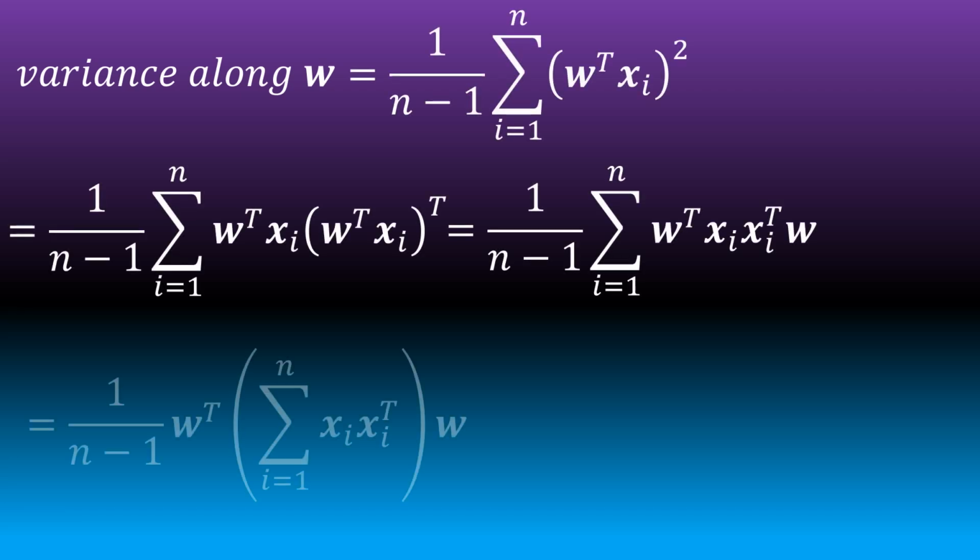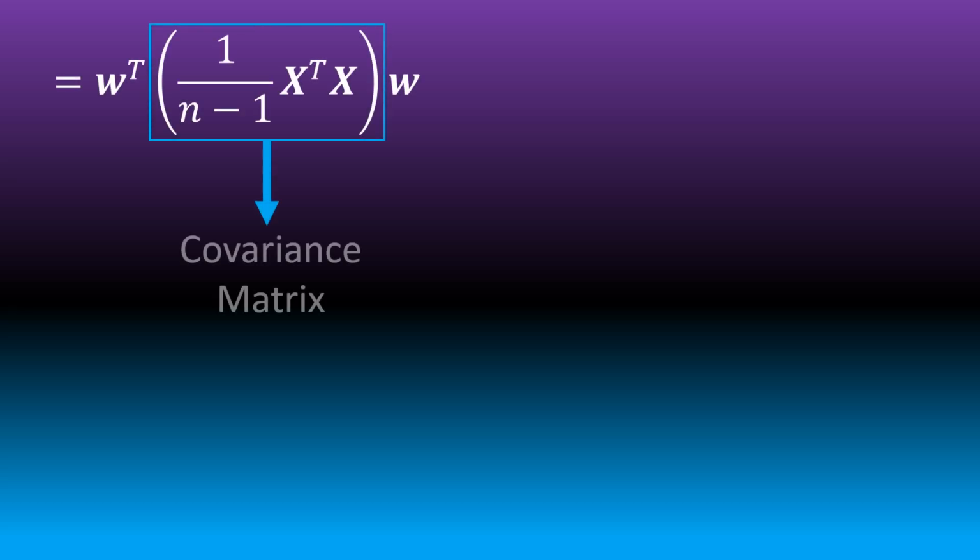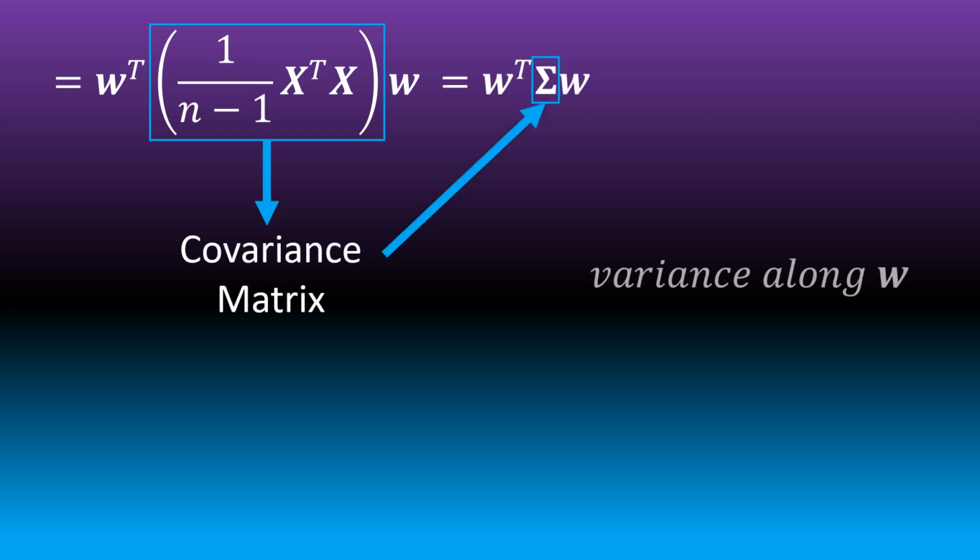Through some mathematical manipulations, you can say that the variance along W is equal to 1 over n minus 1 times W transpose X transpose X W, and you'll see that within there is the covariance matrix, epsilon. So we'll see that a bit more clearly. Right there is the covariance matrix. And so we could say that the variance along W is equal to W transpose epsilon times W.